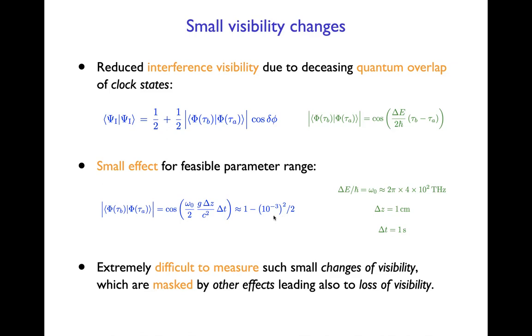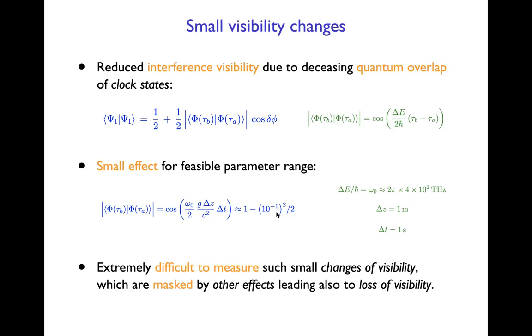It's really, really tiny. And even if you consider bolder parameter ranges, like separations of 1 meter and times of the order of seconds to keep this height difference, you see that even in that case, the change in visibility is less than 1%, or it's 0.5%.